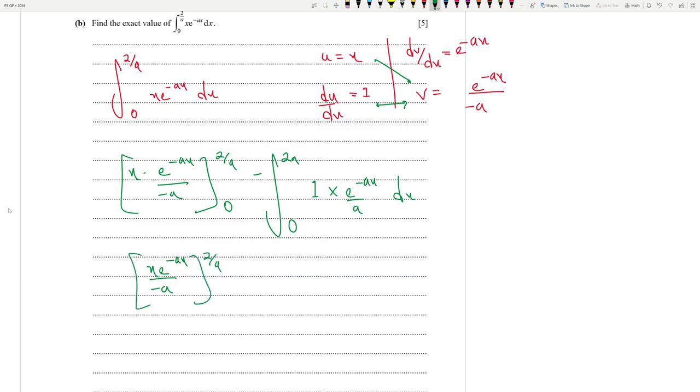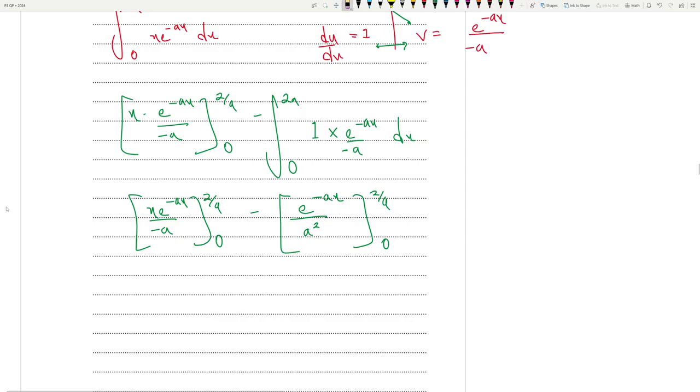Let's keep it. We'll input the limits at once. Let's integrate this again. There should be a minus in here, yeah. So e to the power minus ax divided by minus a into minus a, which is plus a square. Or you could just put the limits together at once. There you go.